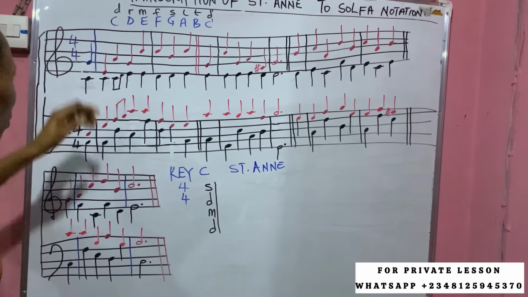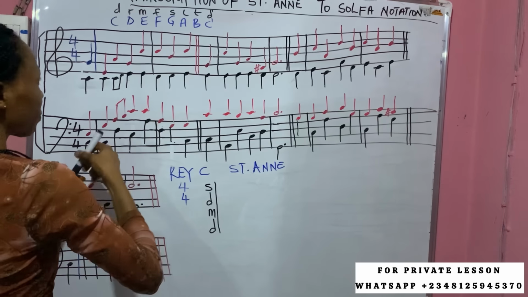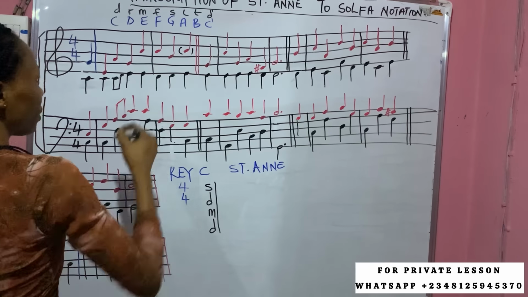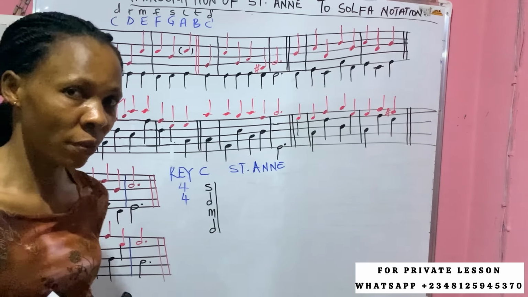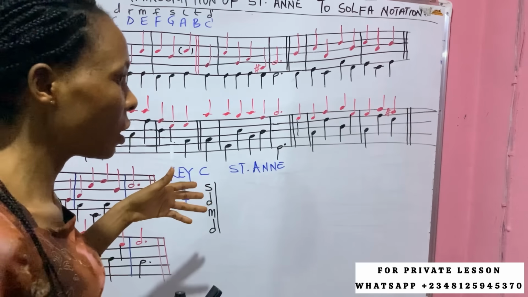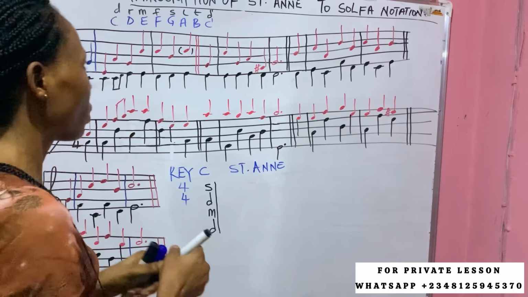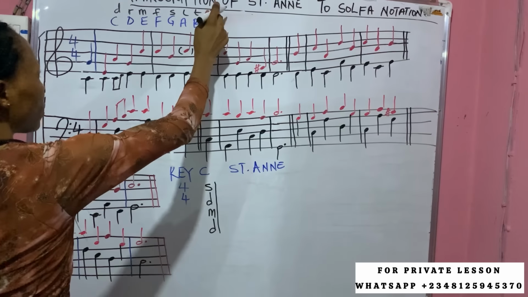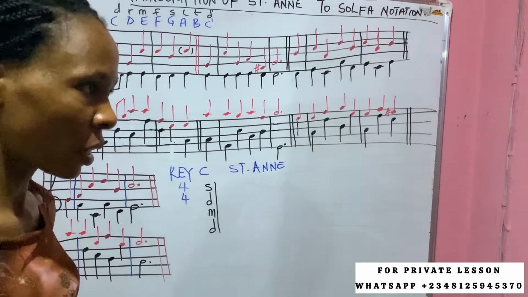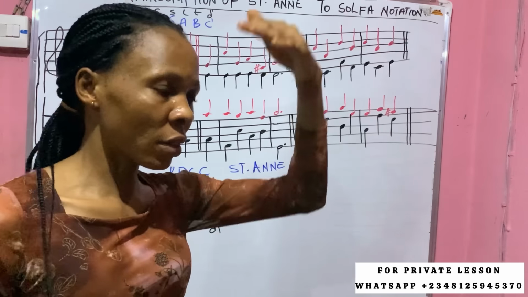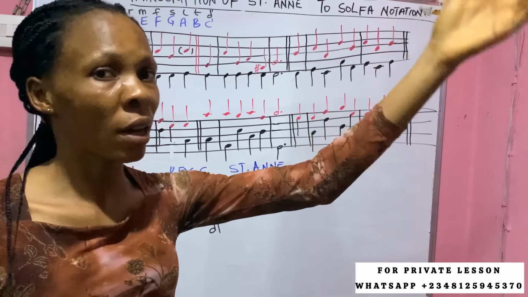Now once you reach this other C here, that is C5, at this point it means you're going to superscript it. And what are you going to do? You are going to write what you've seen here, because that means you're one octave higher.